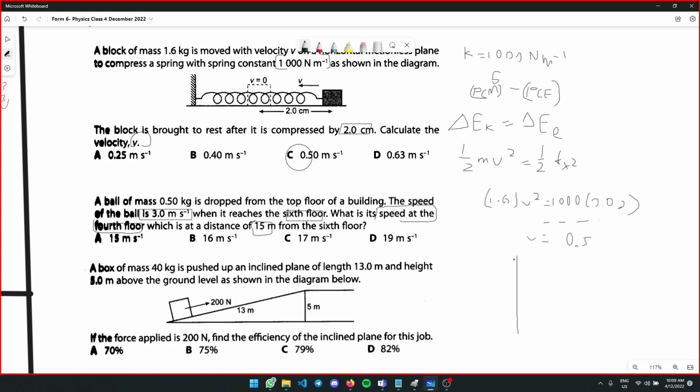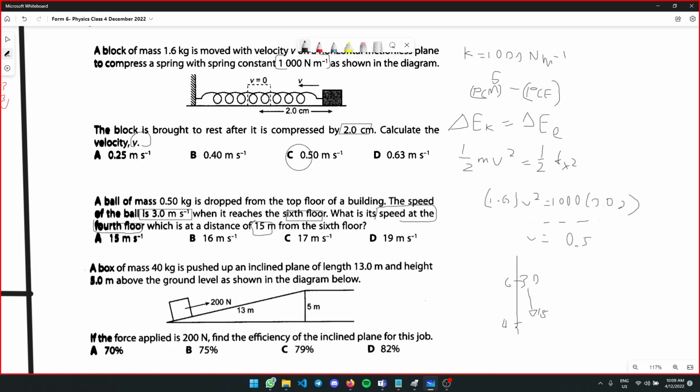So at the sixth floor it is 3.0, then it goes another 15 meters. They want to find the speed here. How do you find this?